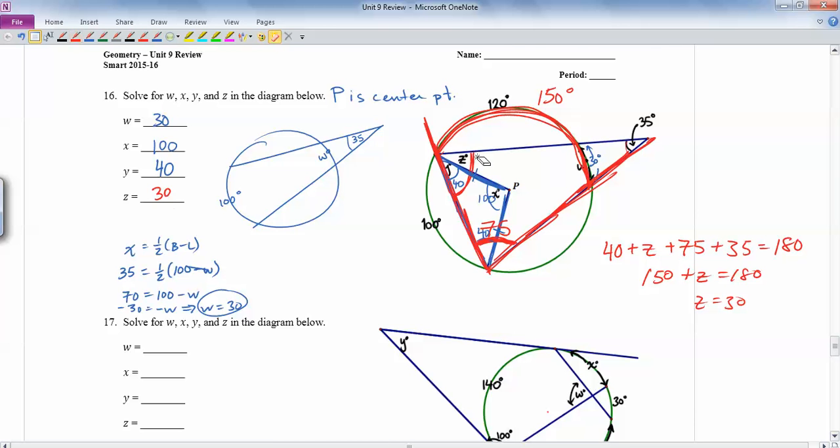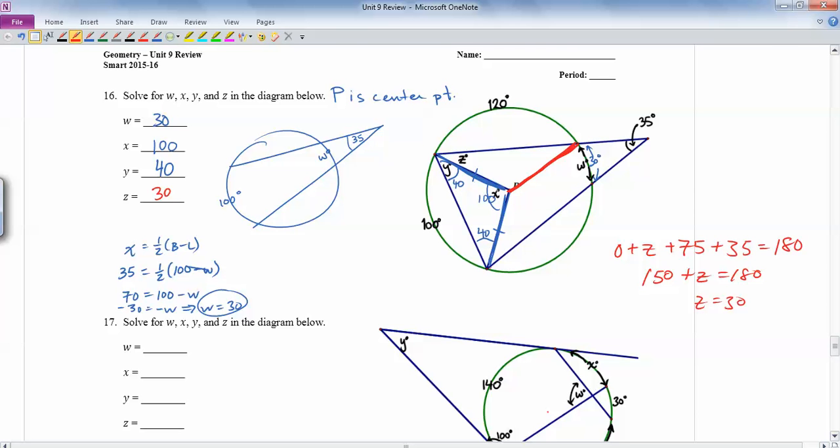There's another way that I like better, and it involves drawing in an auxiliary line. So notice that anytime you draw in radii, you end up with all these isosceles triangles. So here's another radius I can draw in right there.